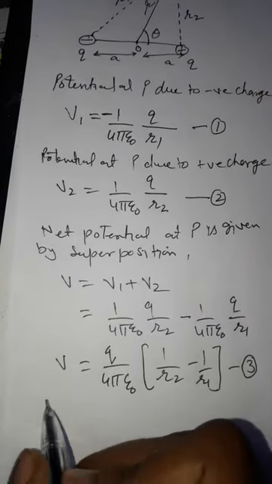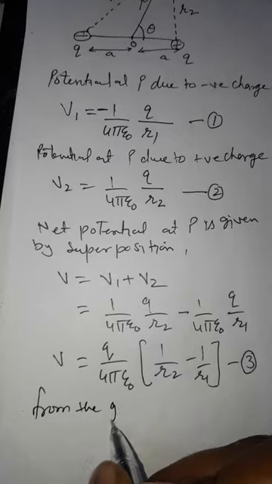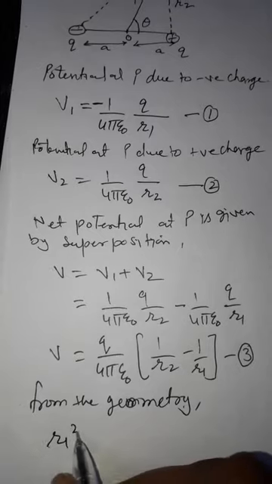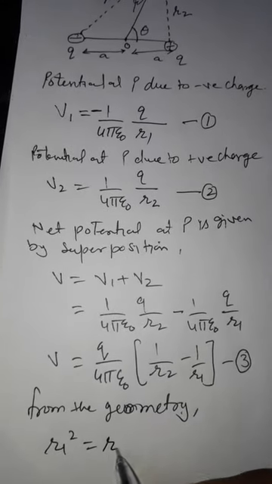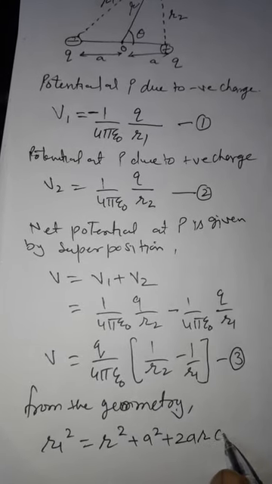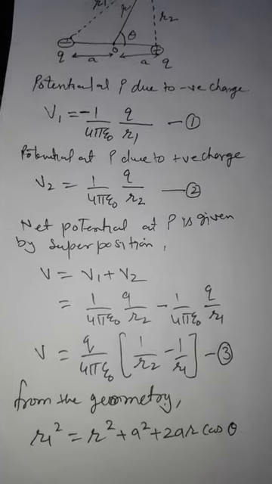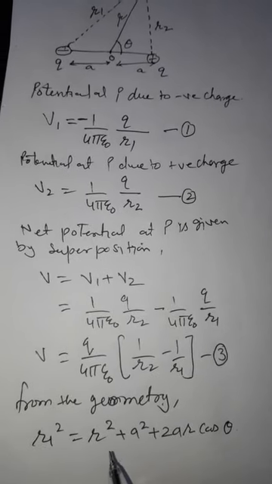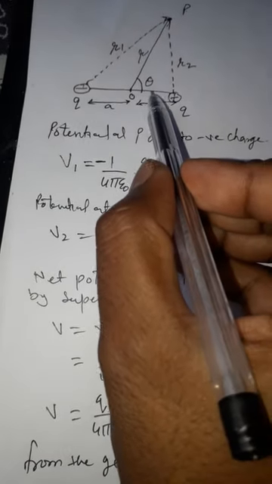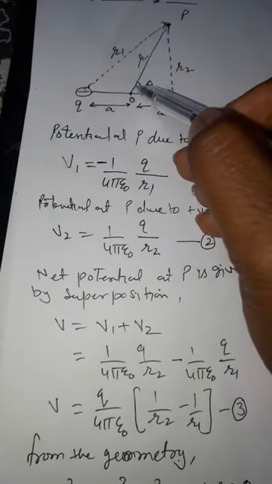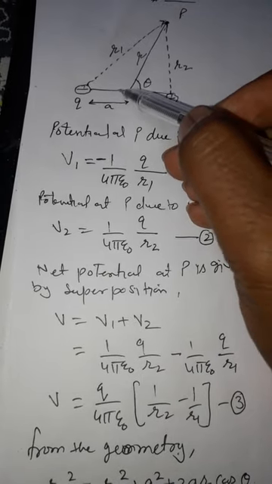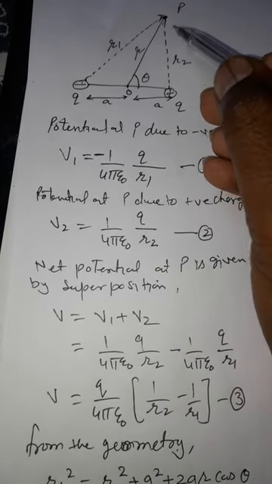So from the geometry, r1 square must be equal to r square plus a square plus 2ar cos of the angle between the vectors. Similarly, if we consider the displacement vector a and another vector r, and the angle between them is 180 minus theta, this gives the resultant vector r2.